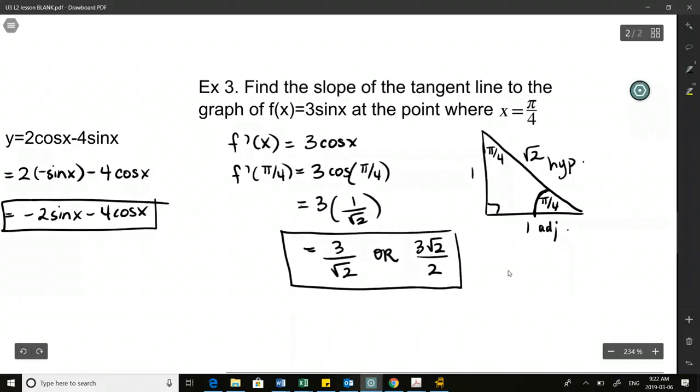Okay, so you guys remember when I find the derivative, this is the general equation for the slope of the tangent anywhere on the function we want. Well, we want it at pi over 4, so we need to plug in pi over 4, right? So this is the general equation for slope of the tangent anywhere on our graph of f at x, right?